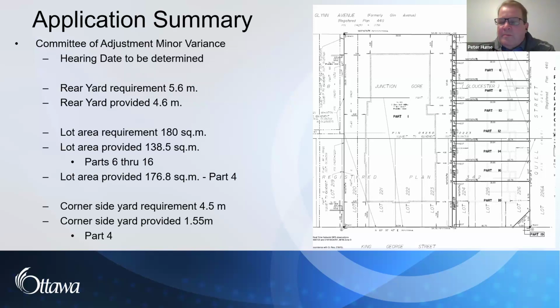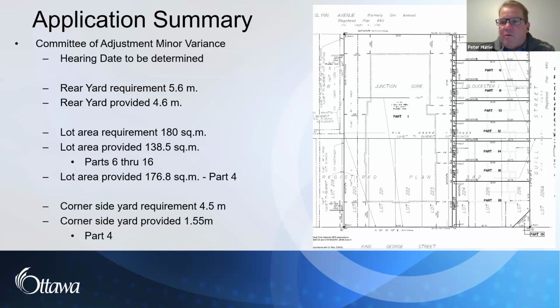First of all, and some of these are works in progress, right now we think that we need a rear yard variance. The requirements of the zoning bylaw require you to have a 25% rear yard, which in this case would be 5.6 meters.